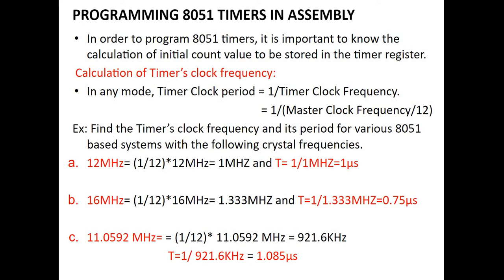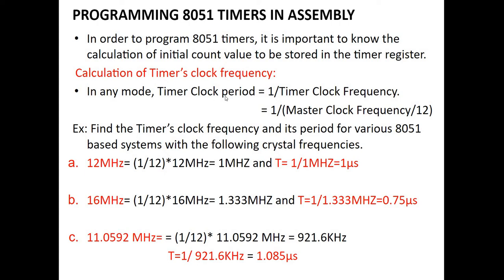As in the first slide, we have seen that the special function registers reserved for timers are THX and TLX. So the first thing is we need to load values into these registers depending upon what delay we require.